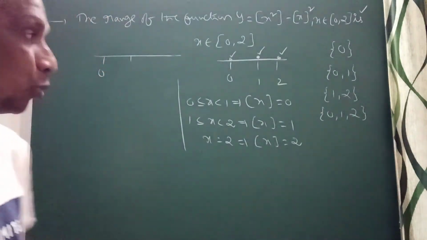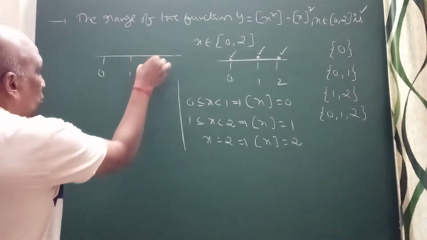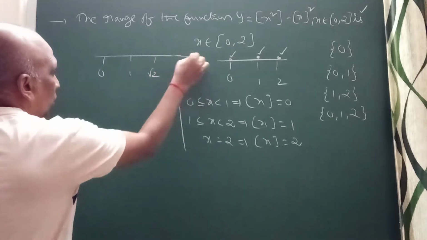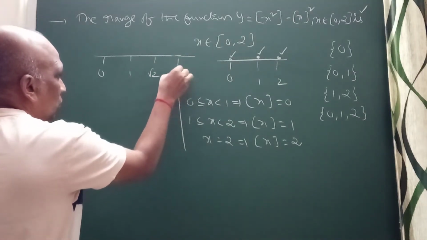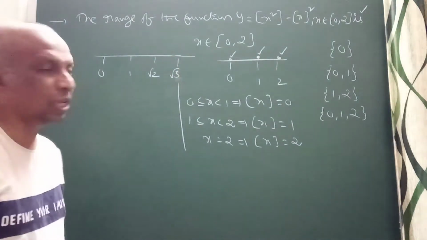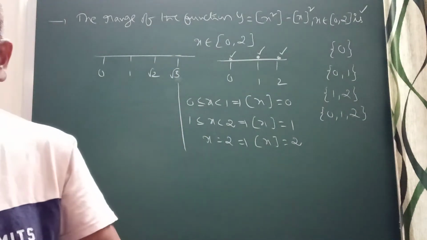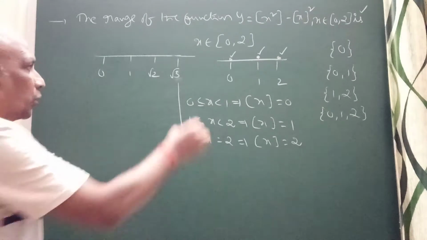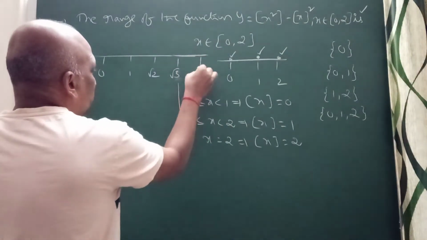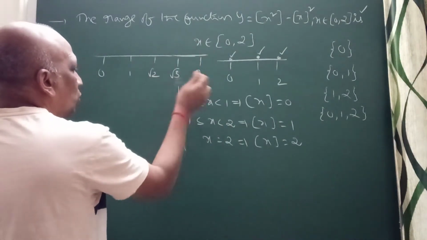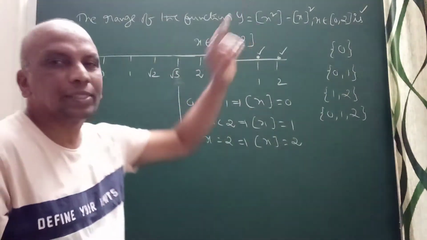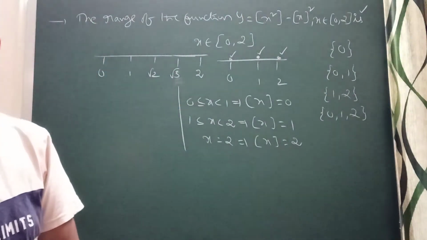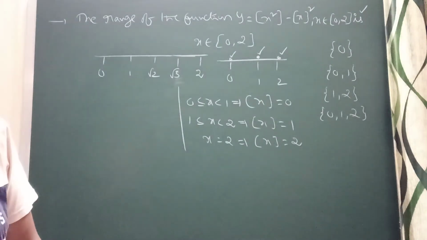I should write 0 to 1, 1 to root 2, root 2 to root 3, because they are given 0 to 2, and then root 3 to 2. I should split this when I discuss step of x square.